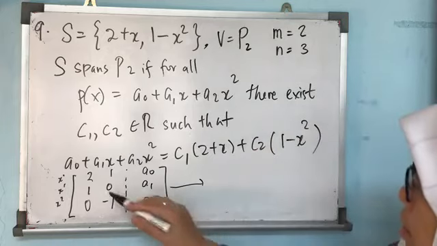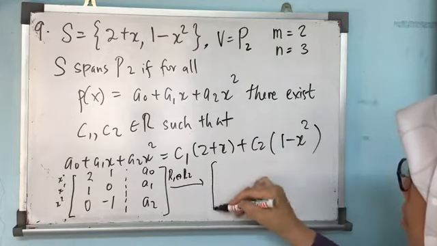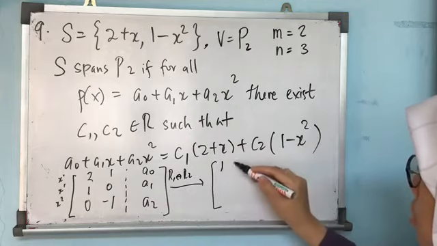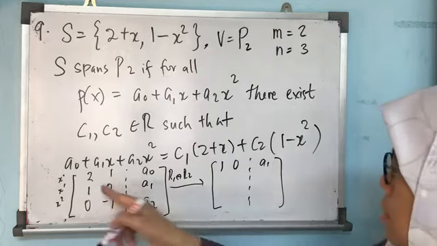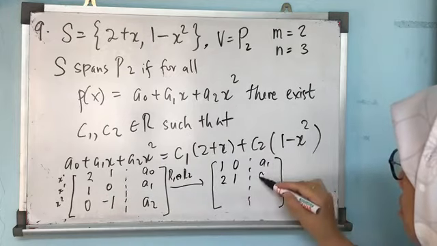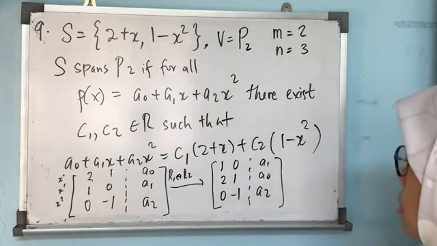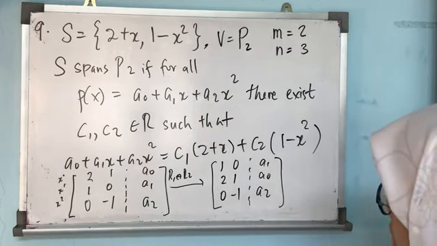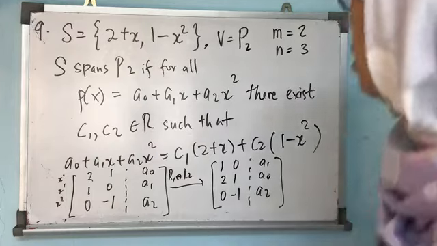Okay, change row to 1, and then you just do row operation. Let me stand up.